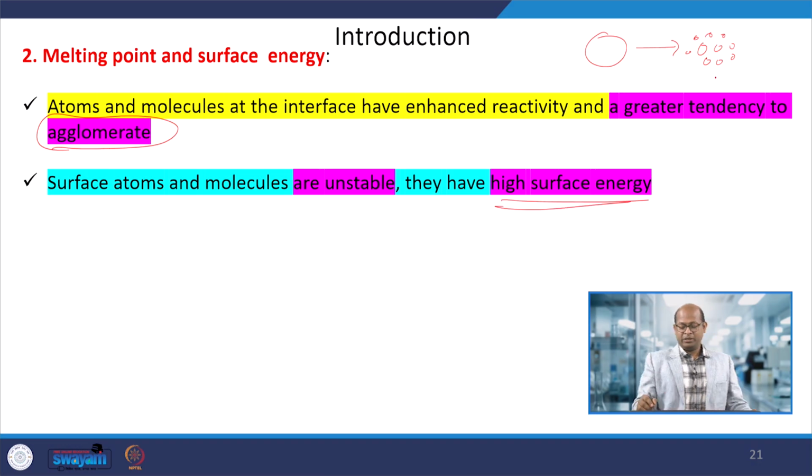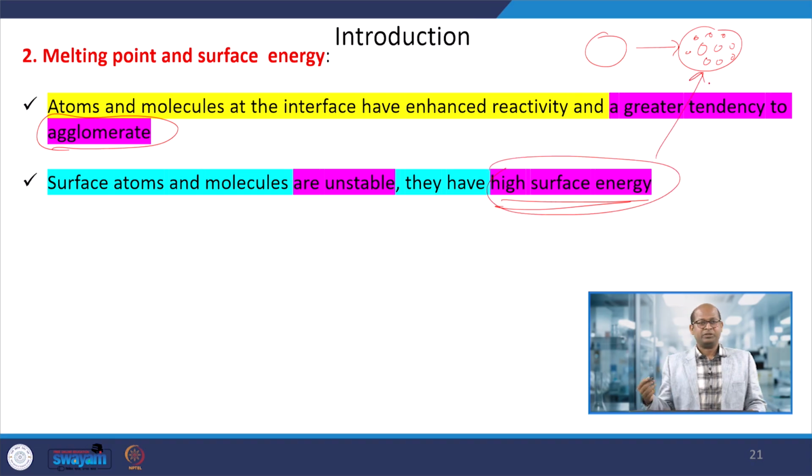So when we convert bulk materials into nanomaterials, a large number of surface sites, atoms or molecules, are present at the surface, therefore high surface energy will be present, and there is a tendency to agglomerate to stabilize, because when it is nano it is unstable.